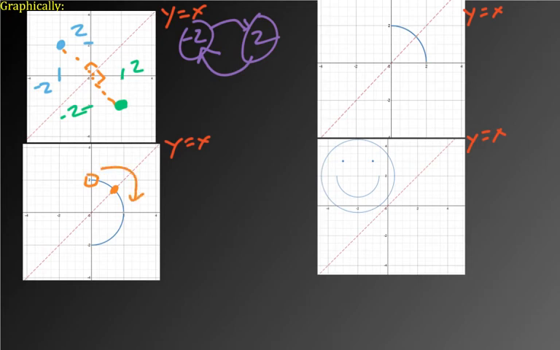If I flip that over, it was on the y-axis, so it should flip to the x-axis. Kind of likewise, this point over here should flip over the line and end up right there, right? So if you connect these things, you can see that this green one is really what the inverse should look like.